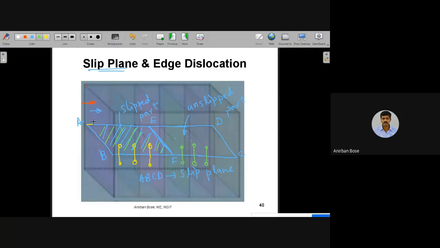That is why when you give a push, only the atoms whose bonds have been cut will move, but these bonds will remain there. This atom will move with respect to that atom. Then they will again create bonds, and that is a different issue, but they will shift with respect to the lower atoms because those bonds were cut, and that is why they slip over the slip plane. But these bonds were not cut, so there is no question of slipping. Clear? Yes sir, clear. Okay.